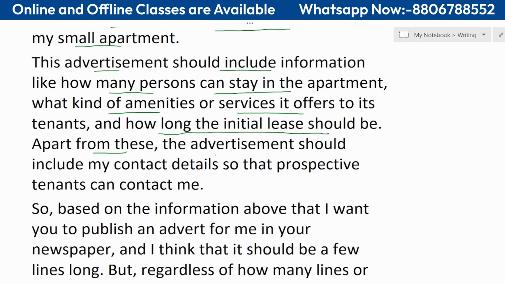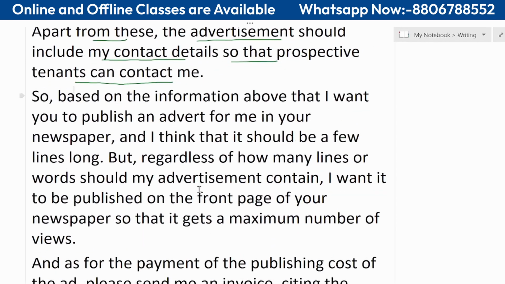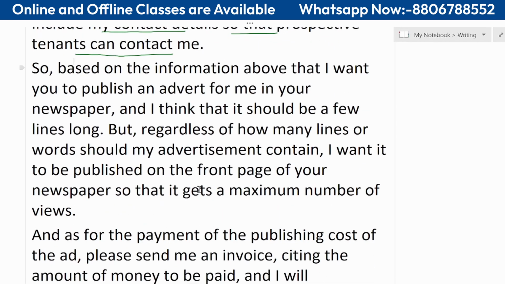Apart from these, the advertisement should include my contact details so that prospective tenants can contact me. So this would be one of the paragraphs.